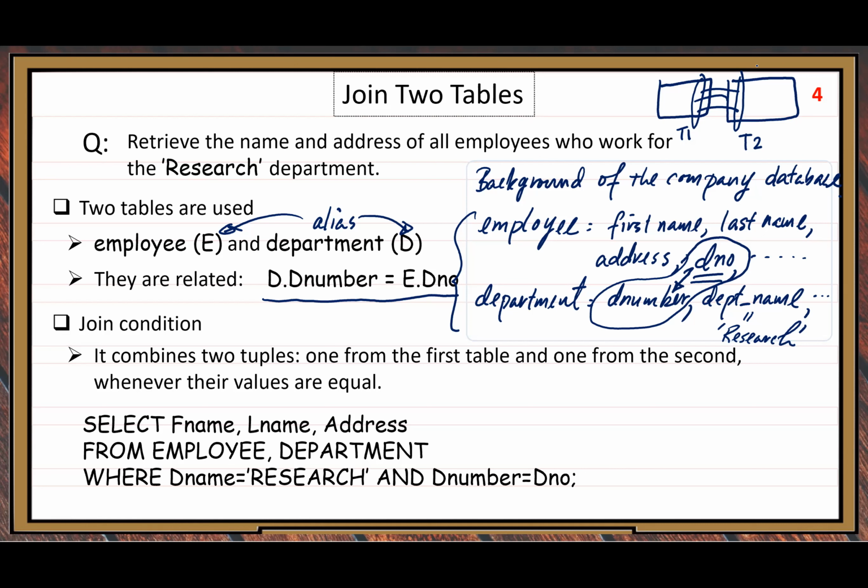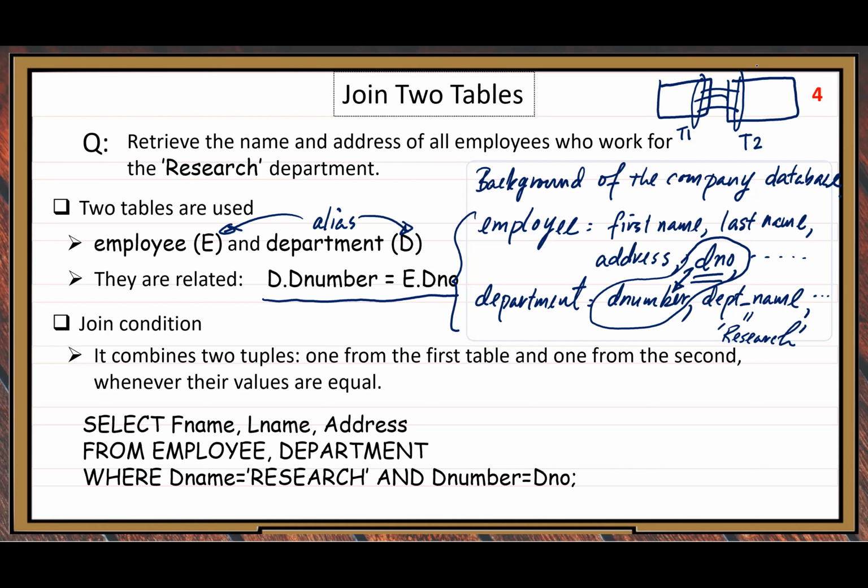Where D name. So here you may wonder, because we do not use an alias, when we say D name, which table does it come from? Does it come from the employee table or the department table? You need to look at those tables.